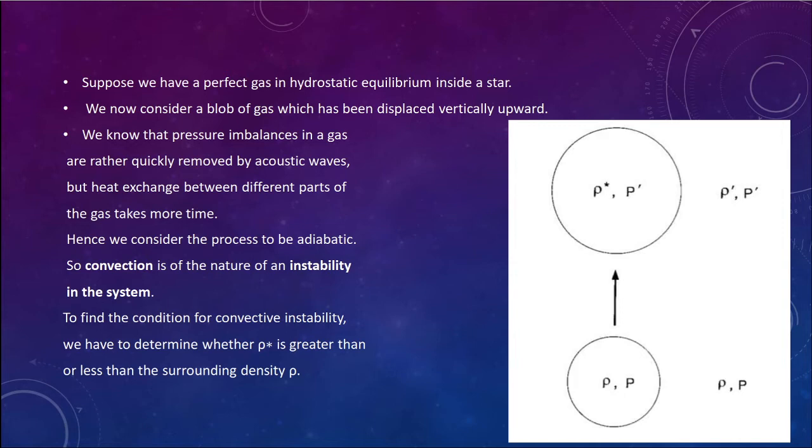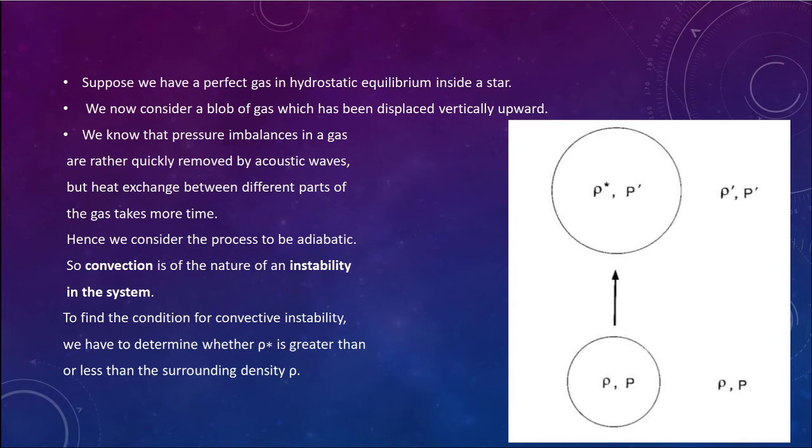Initially the blob of gas had the same density rho and the same pressure P as the surroundings, because it is in equilibrium. The external gas density and pressure at the new position of the blob, that is upward, are rho dash and P dash. Let us consider this to be the new pressure.